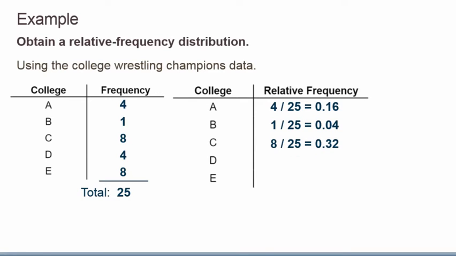For college C, we have 8 divided by 25, which gives us 0.32. For college D, we have 4 divided by 25, which gives us 0.16. For college E, we have 8 divided by 25, which gives us 0.32. 0.16 plus 0.04 plus 0.32 plus 0.16 plus 0.32 equals 1.